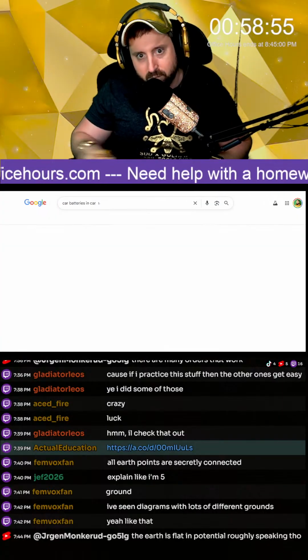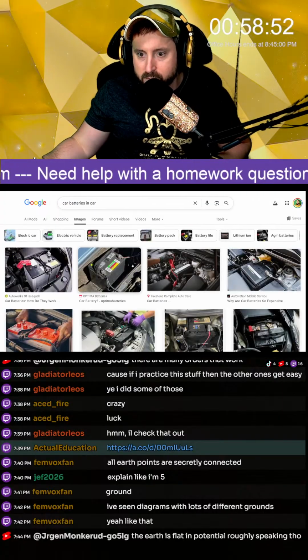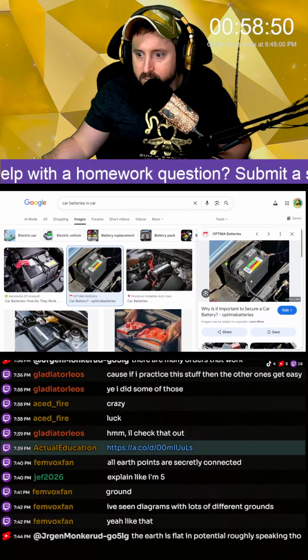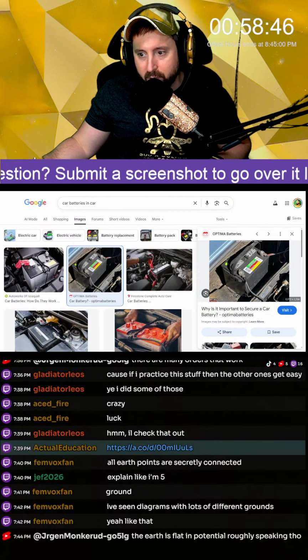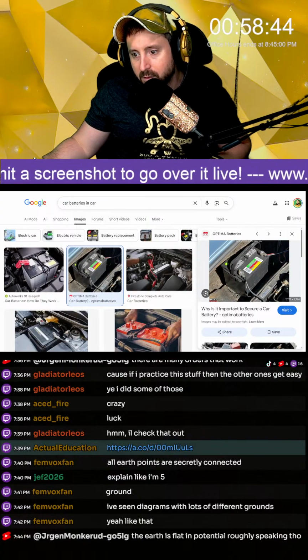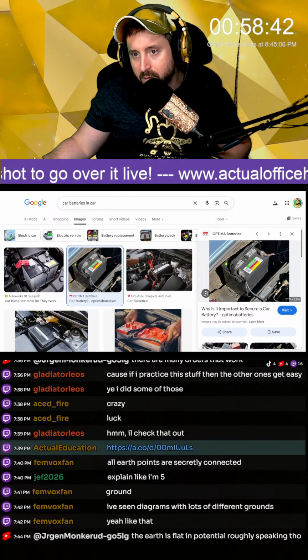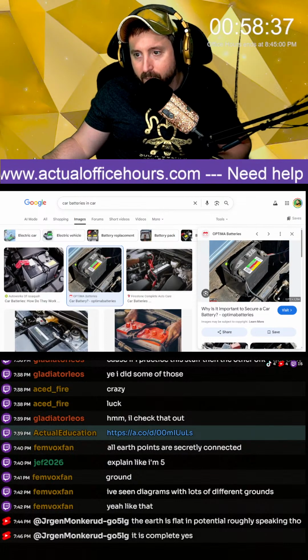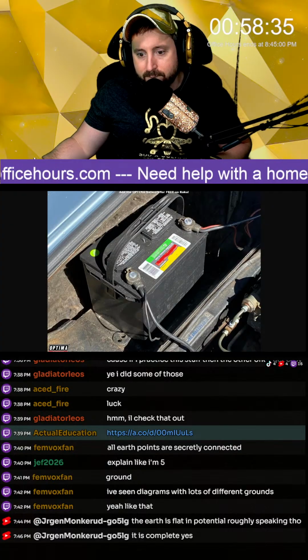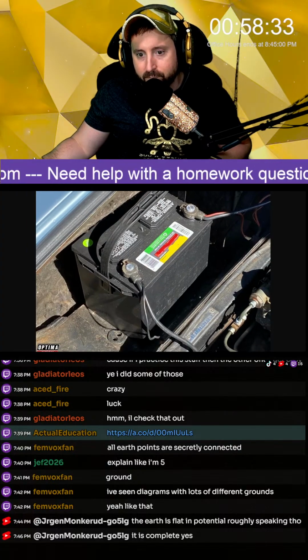In a wiring diagram, for clarity, if something is grounded to the frame, it's also grounded to the battery. It's written as that Earth symbol, because if you're a pissed off mechanic trying to figure out a circuit, you don't want it showing that it's going to the battery when it's actually going to some random part on the frame.